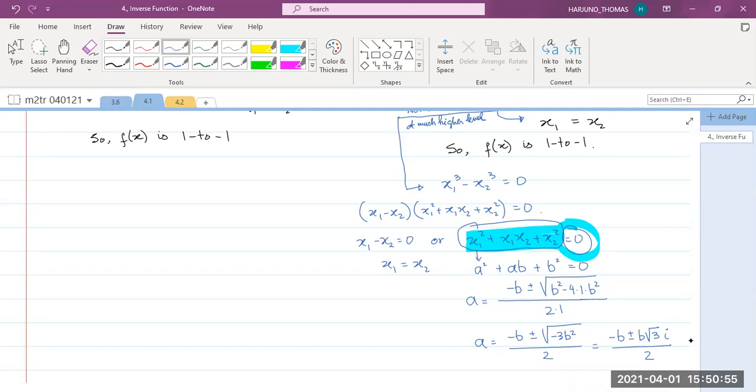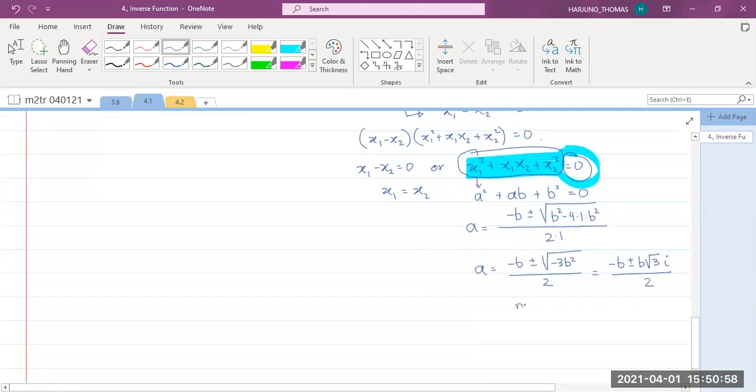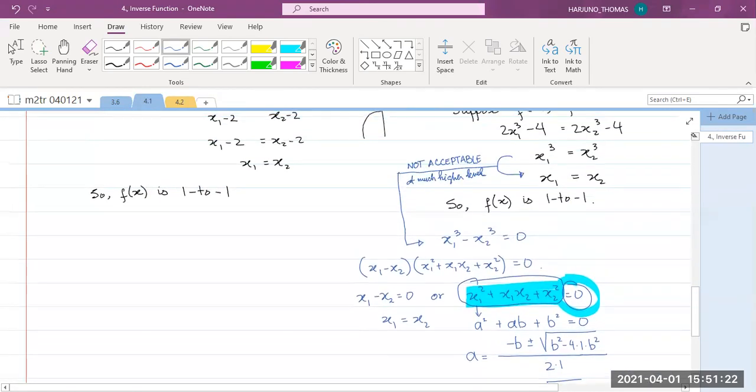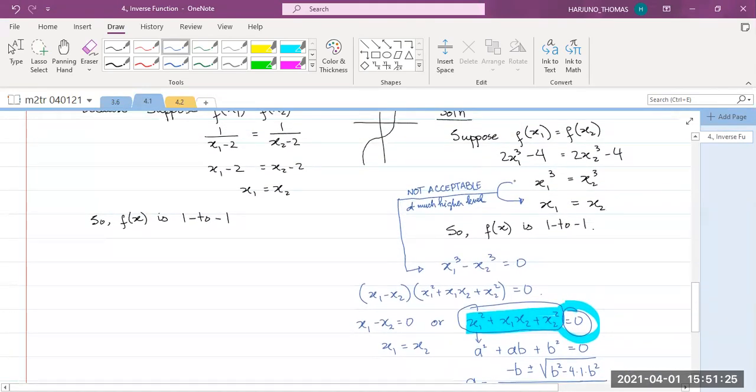So there are no such real a and b. That's actually the proper argument: the requirement that f(x1) equals f(x2) implies x1 equals x2. This is the correct argument. At your level, yes, you don't deal with complex numbers, right? So you can go ahead here.